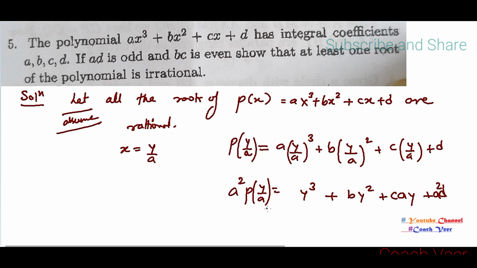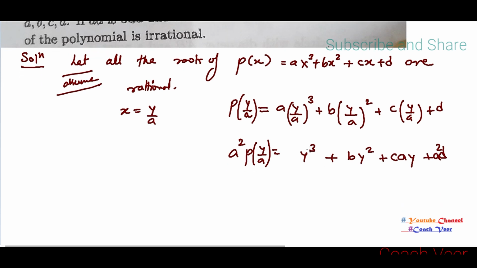Now what's the benefit of doing that? The benefit is that the first coefficient is 1, and the polynomial aligns in such a way that, suppose we have the roots y1, y2, y3. These are the roots of this equation.